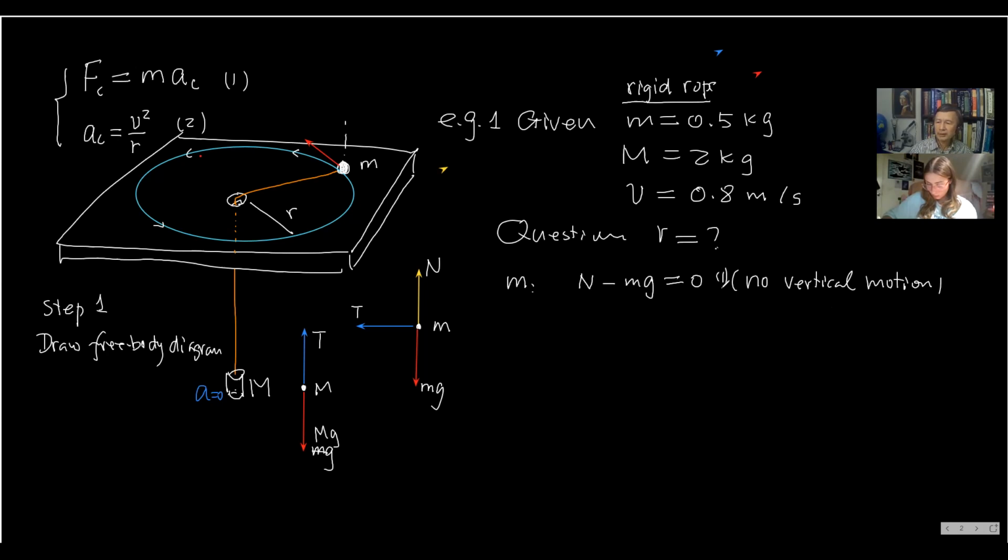This is our first equation. And the second equation: in this case, the tension is acting as a centripetal force, right? So we can rewrite this as mass multiplied by acceleration, which is v squared divided by r, as our equation 2.